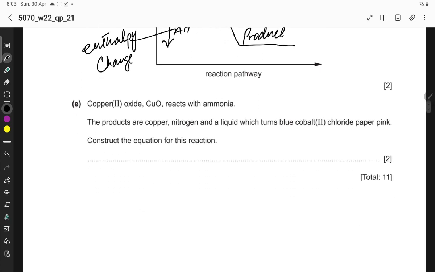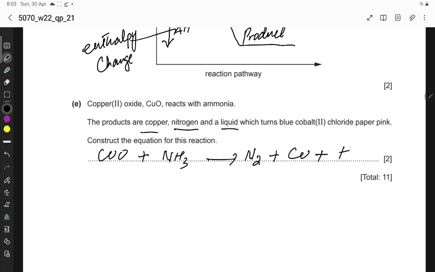Copper 2 oxide reacts with ammonia, the product of copper, nitrogen and a liquid which turns blue cobalt chloride paper pink. Construct the equation. CuO plus ammonia to form nitrogen, copper and a liquid which turns blue cobalt chloride paper pink.